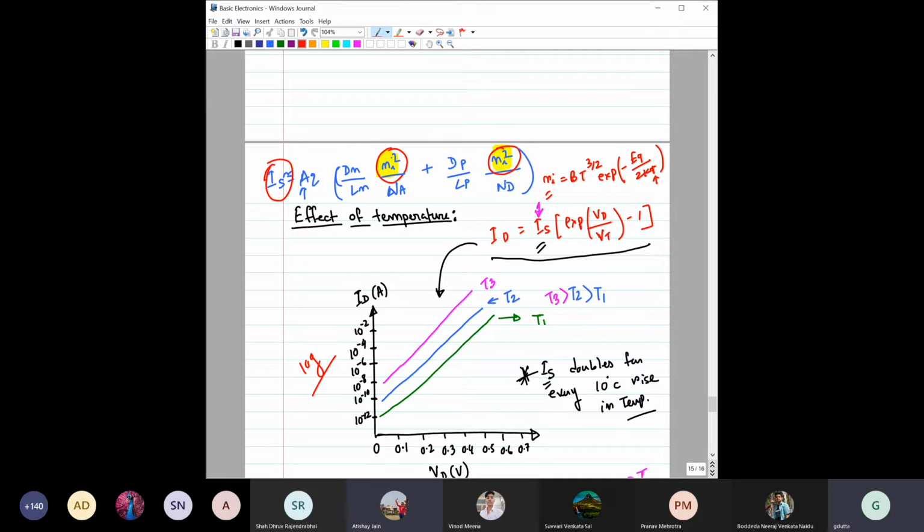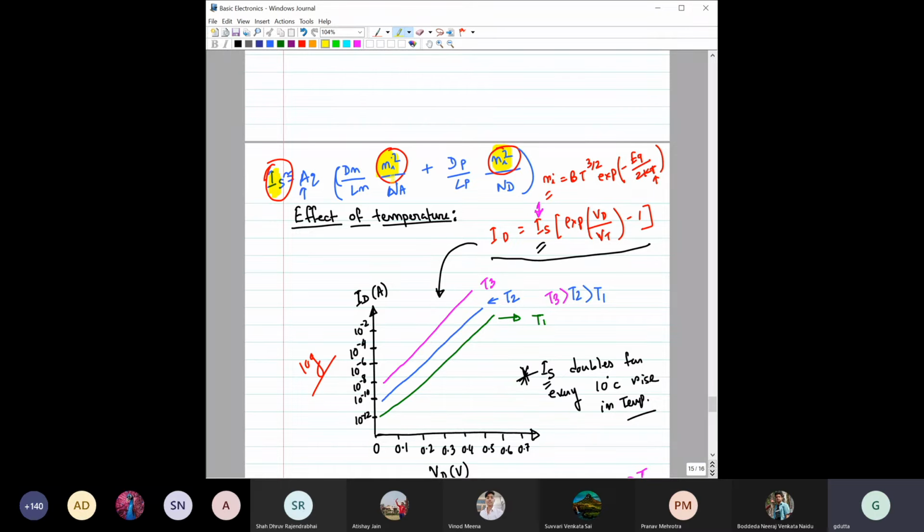You forgot. I have also asked you to draw one plot of Ni versus temperature. Yes, sir. So how was that plot coming? That was exponential, right? Yes, but from here, what I wanted to say is that this Is is dependent on Ni square, and this Ni value would be different for different materials.